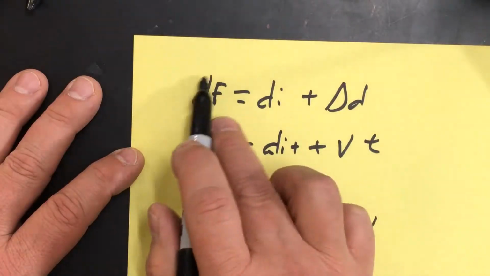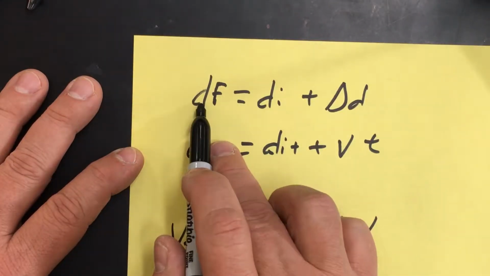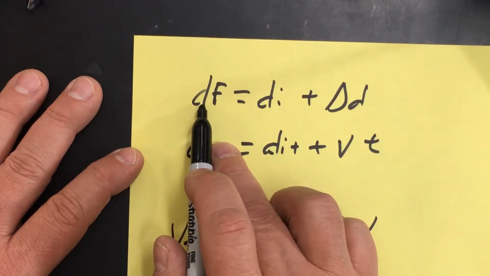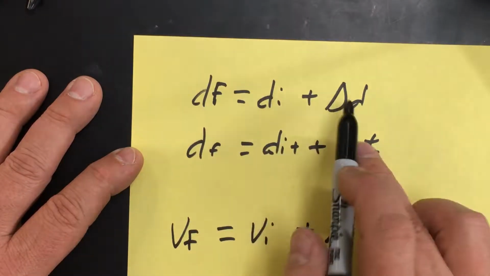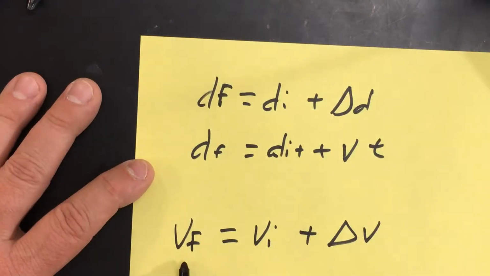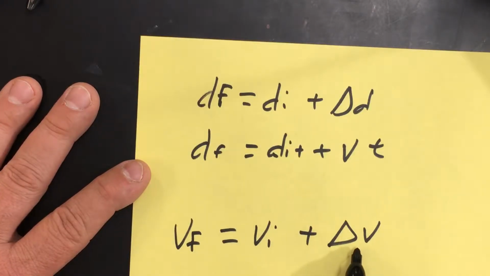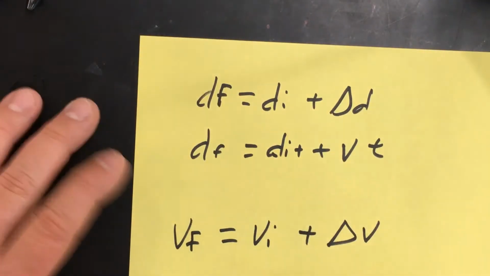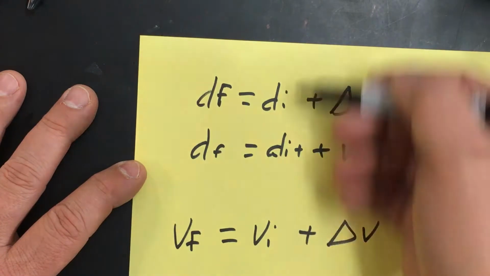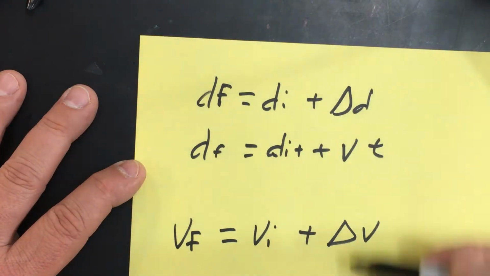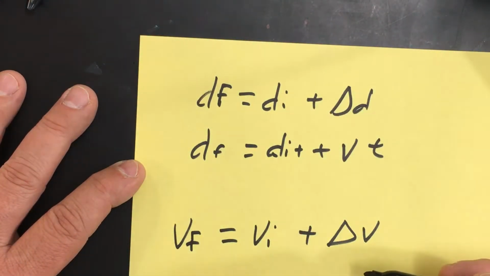So we look at this formula. How far is something from some place? How far was it to start with, and how much did it change? How fast is something going? Well, how fast was it going to start with, and how much did it change? So that's the parallel between final distance and final velocity. You want to know what the original condition was, and how much did that condition change.